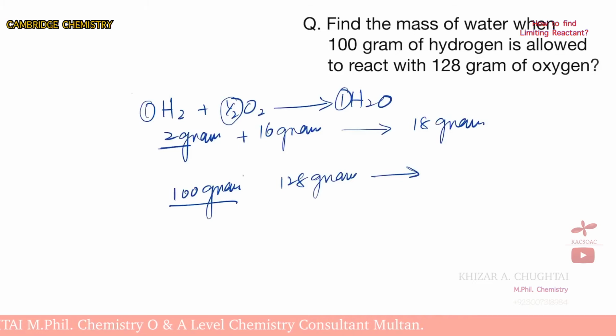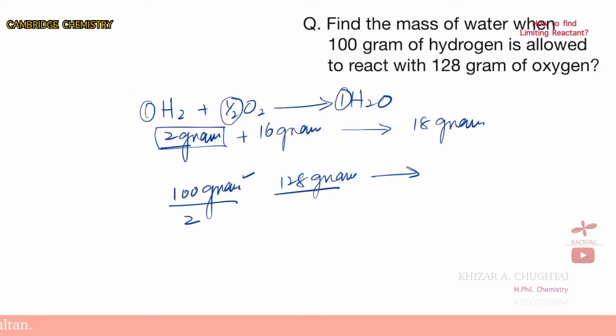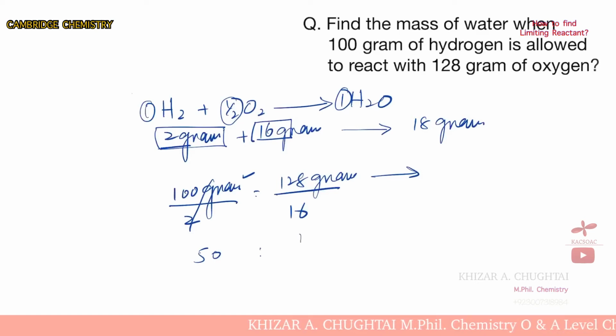So I'm dividing 100 by the mass from the balanced chemical equation, that is 100 divided by 2. The same I'm doing for oxygen. I'm using 128 gram of oxygen, and I'm dividing it by the mass of oxygen from the balanced chemical equation, that is 16. The answer for hydrogen is 50, and for oxygen 128 divided by 16 is equal to 8.